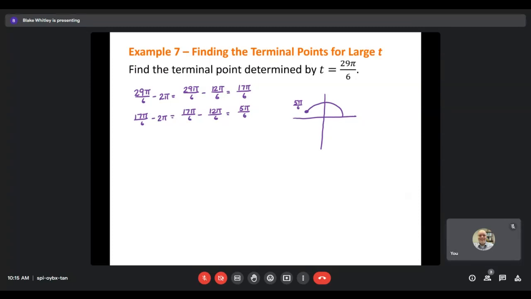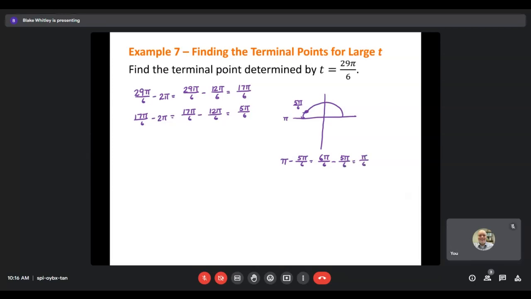Now, remember, our next step is to find our reference number. So I need to figure out what is the distance now between the x-axis and that point. The x-axis is pi this time. So we have pi minus 5 pi over 6. We find our common denominator. We get 6 pi over 6 minus 5 pi over 6.